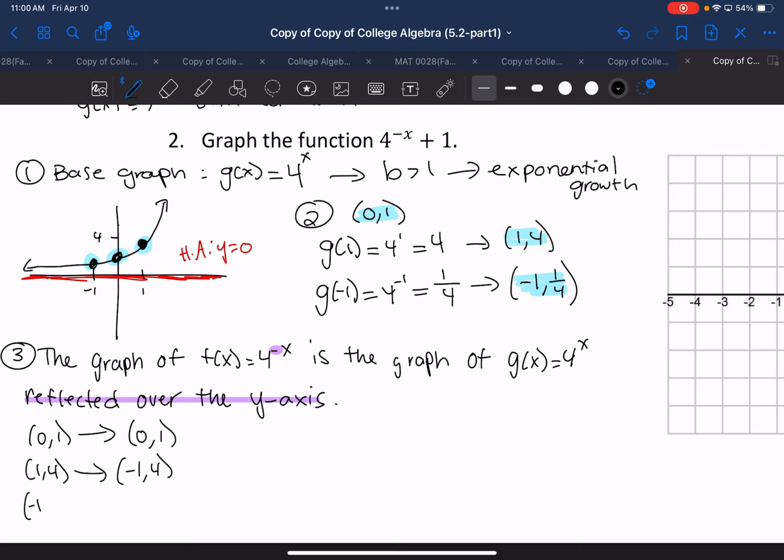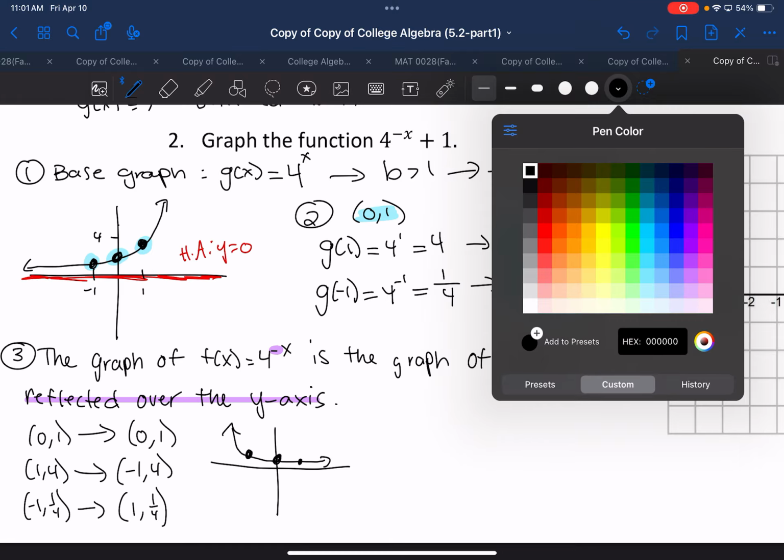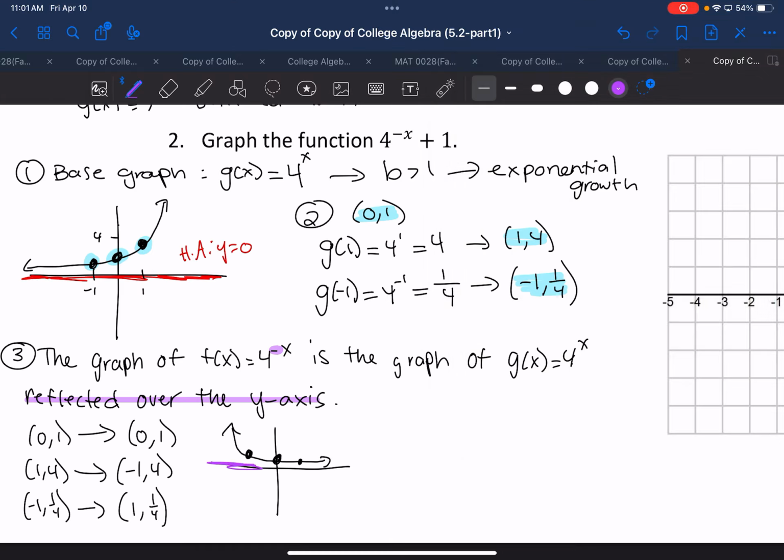And negative 1, 1/4 would become positive 1, 1/4. So just that graph would look like this. Everything flips over the y-axis. But my horizontal asymptote has not changed yet.